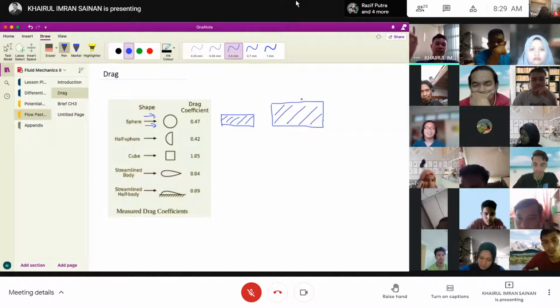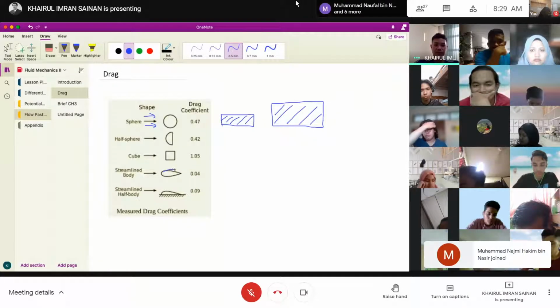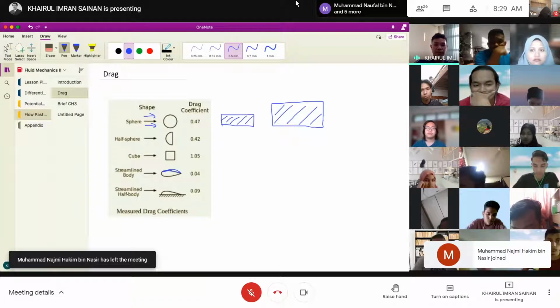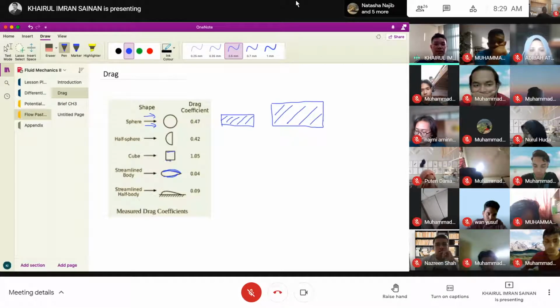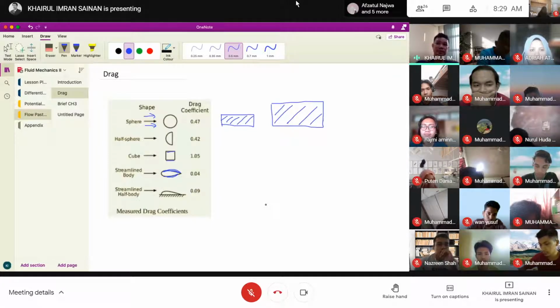Another one is friction drag. By the name itself, you should know that friction drag is due to the surface of the body. You've learned before in chapter 1 that when a fluid moves on top of a plate, there will be a velocity profile, right?